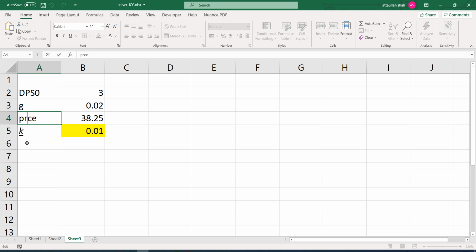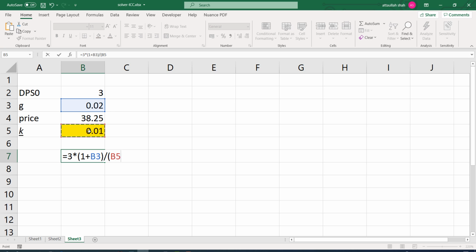If we were to find share price in Excel using the constant growth model, what will be the equation? The equation is equal to the current dividend, so 3 multiplied by 1 plus growth rate. So 1 plus growth rate is given here, and divided by k minus g.